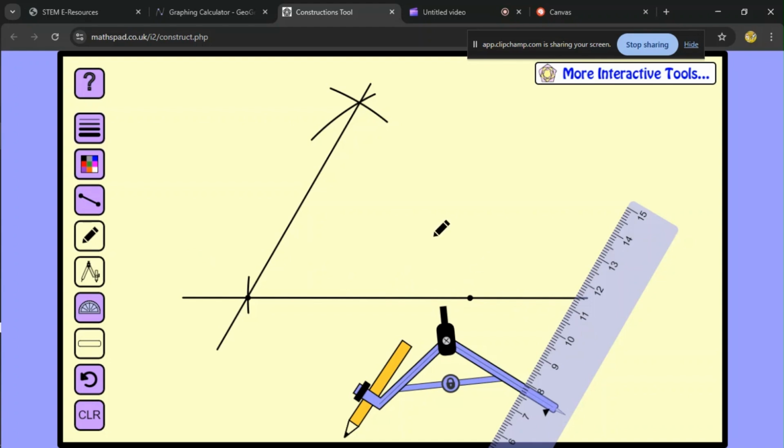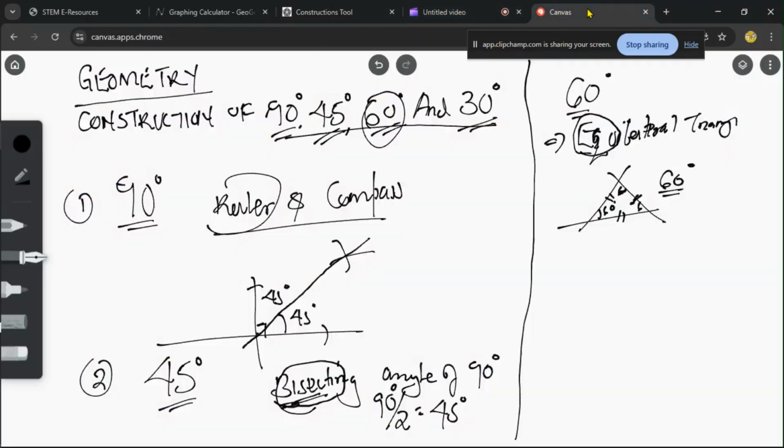The next thing is now getting an angle of 30. If I already have 60, we'll use the same idea as for 45. 45 is half of 90, so 30 is also half of 60.